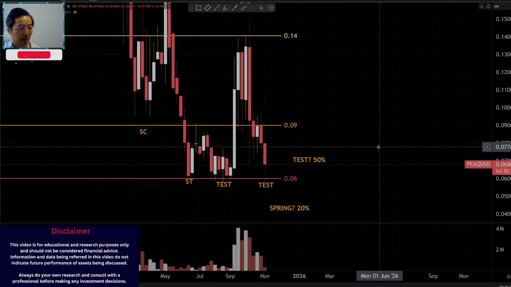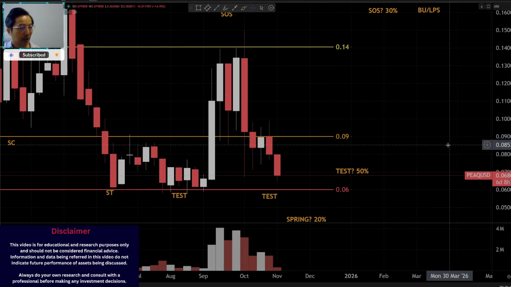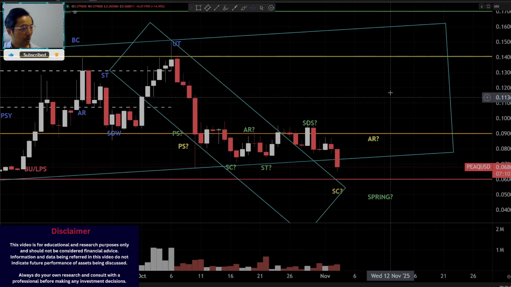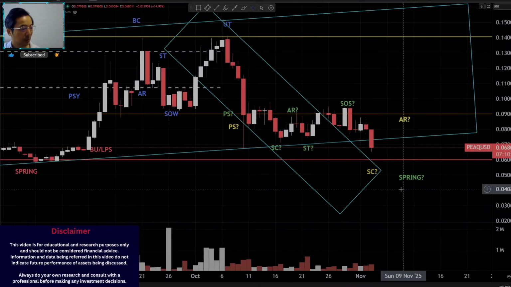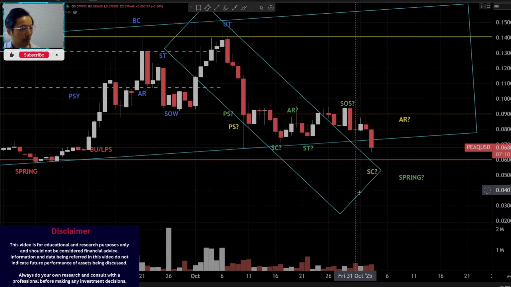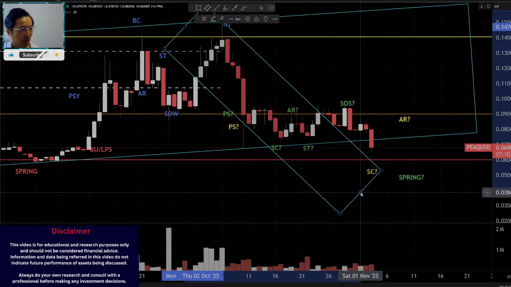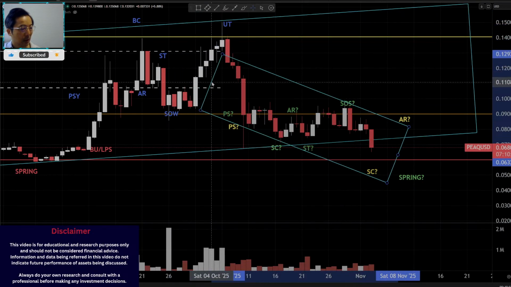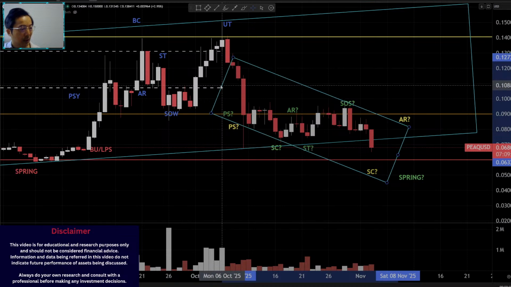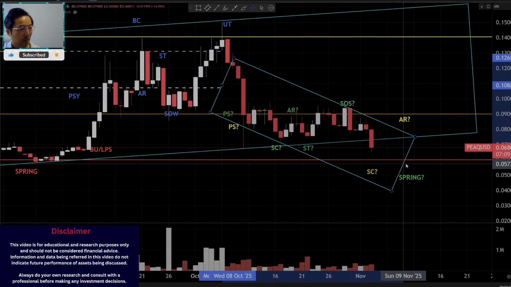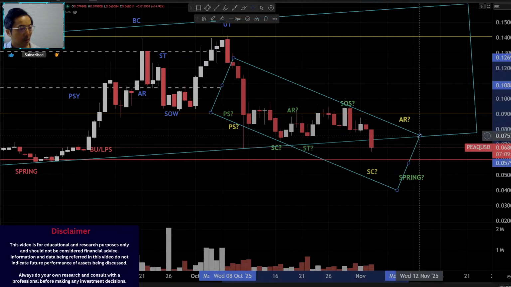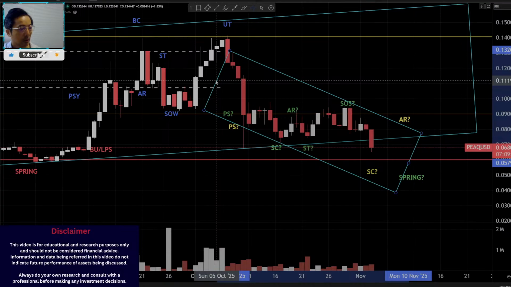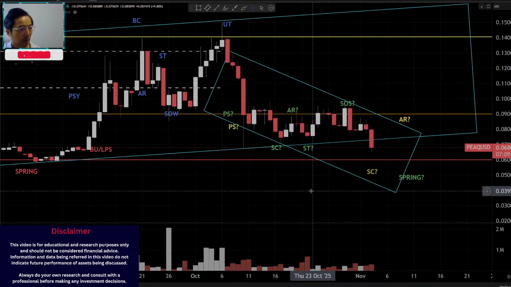Okay, I think that's all for the Peaq. Across the board, it's not optimistic. Just before we finish, because we already talked about this box, I just want to quickly adjust this to see if we can find any indication from the recent price actions. Just quickly pull this over here.